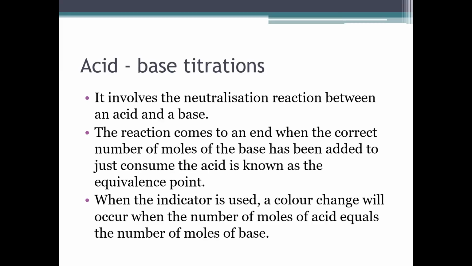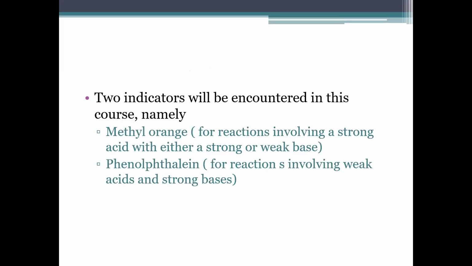So you have a precise volume of your base in the conical flask, and you run the acid into the base. And once there is a change at the end of the reaction, you know that you have come to the end point. And whenever we use an indicator, there'll be a color change when the number of moles of the acid equals the number of moles of the base. And that is when neutralization takes place in acid-base titration.